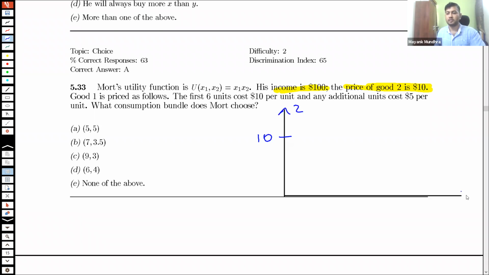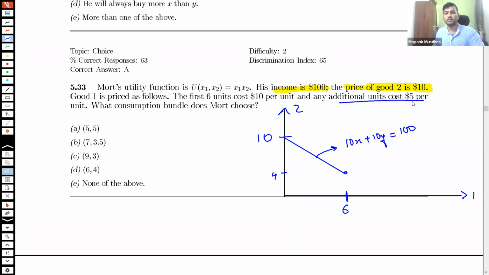The first 6 units cost 10 per unit. So if you consume 6 units of X, you can consume only 4 units of Y. So till this point, your budget constraint is going to look like this 45-degree line. Till this point, you will have 10X plus 10Y equals 100. So that's going to be the case.